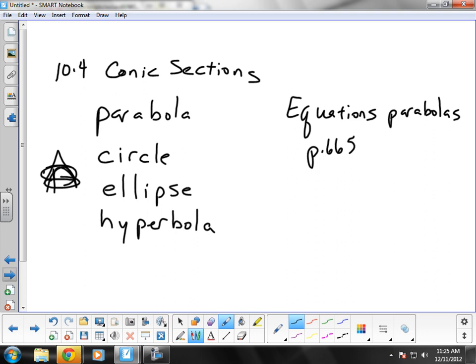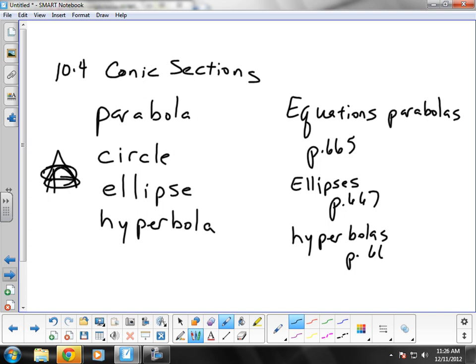The equations for ellipses are in a box on page 667. And we'll go back and look at these in a second. The equations for the hyperbolas are on page 669.